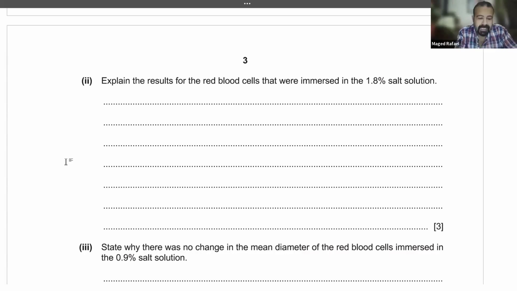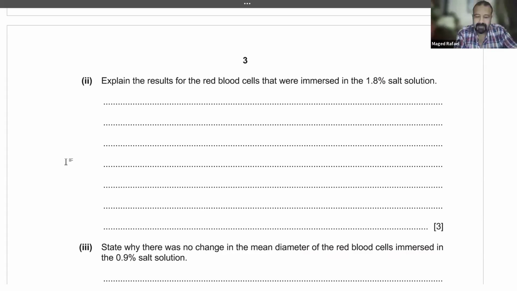So this is the first mark. The second mark, so water will travel from high water potential, which is the cell, to low water potential, which is the solution. And this should happen across a partially permeable membrane. Congratulations, we took the 3 marks.